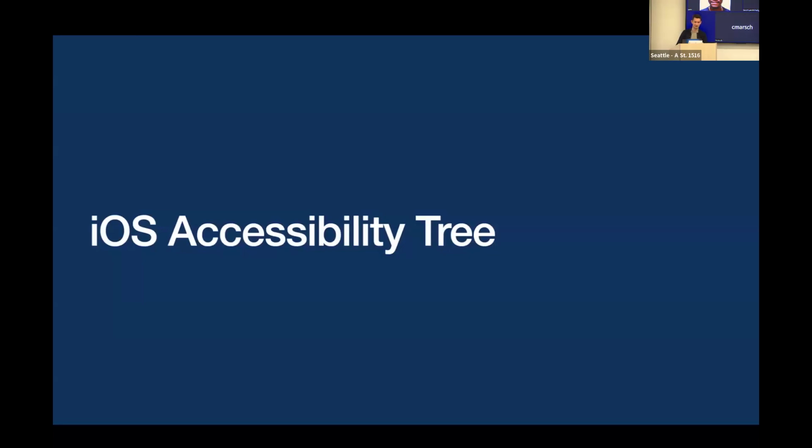Now let's take a look at the iOS accessibility tree. The overall structure is pretty much the same. It's a tree structure as well. The data type here is the UIAccessibilityElement, which is the base data type for this tree. It includes all of the similar properties as well. Accessibility label, which is similar to the content description.